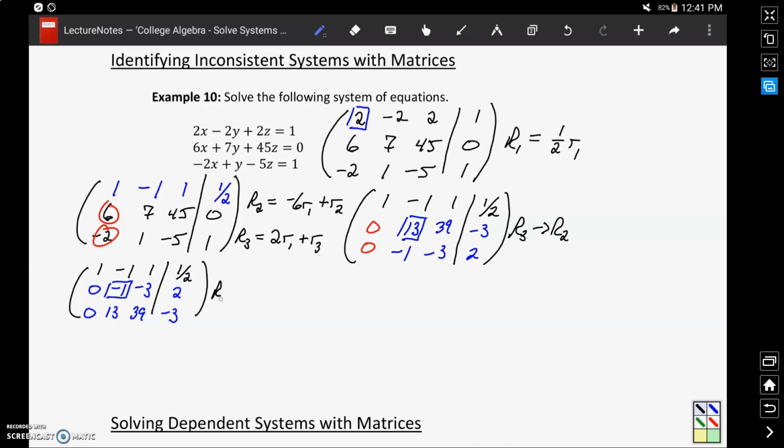To do that, we'll update row 2 by taking -1 times all our values in row 2. The 0 at the beginning will remain unchanged, but the rest of this row will update to be 1, 3, -2.